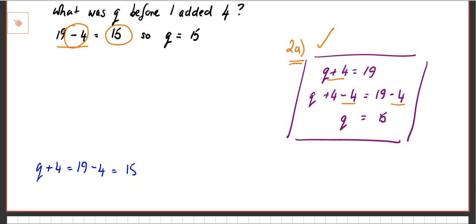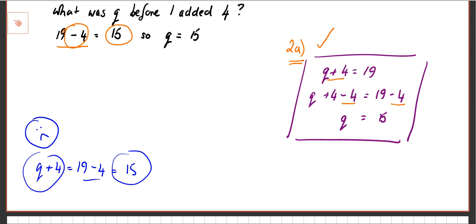This is an incorrect use of the statement, because that is equal to 15, but that is not equal to 15. So you can't just write that. So this is a big no-no. I'd be very unhappy if I see that in your book. I want to see this, laying it out. Okay? Yeah, I'd be a bit, yeah, definitely.